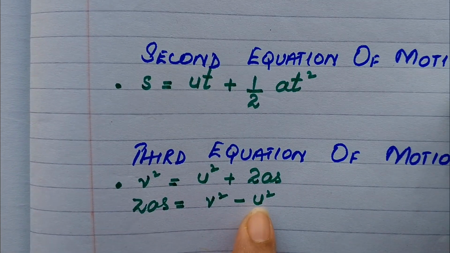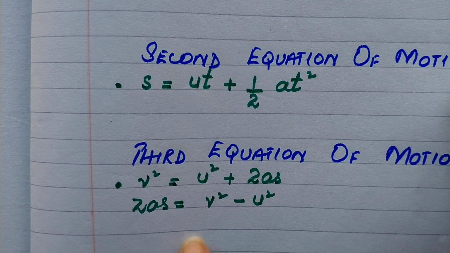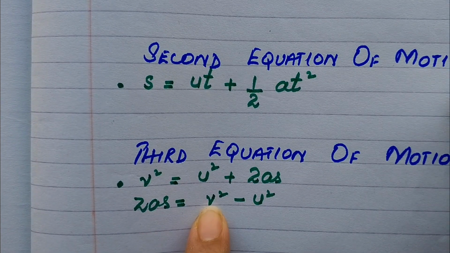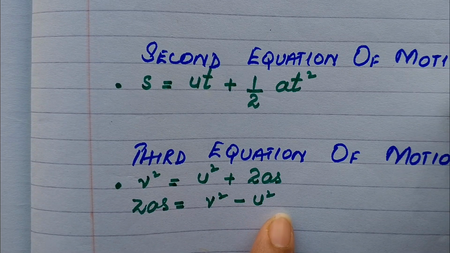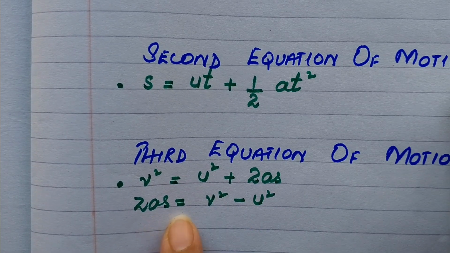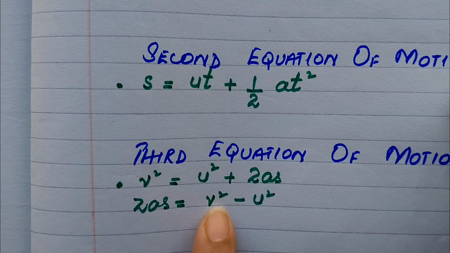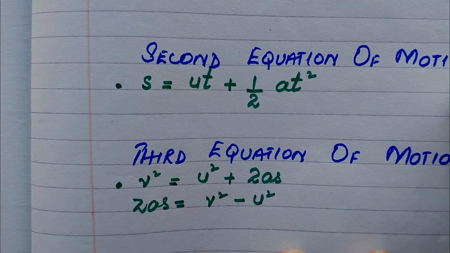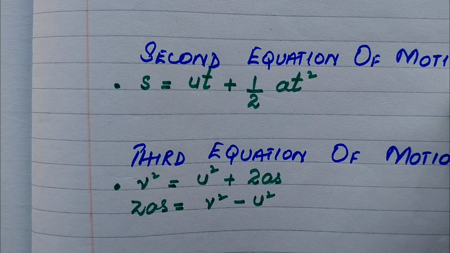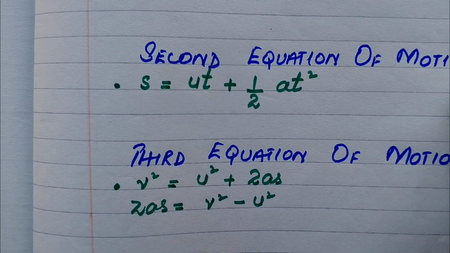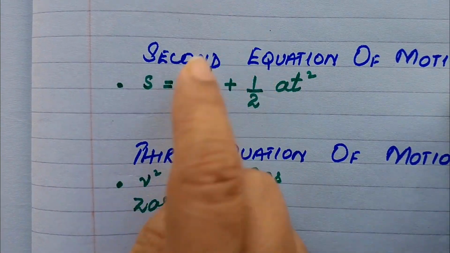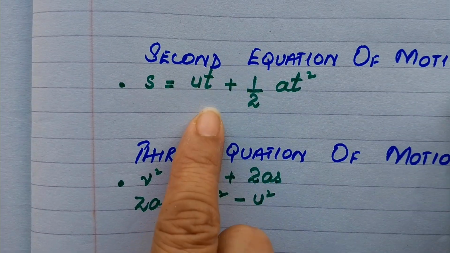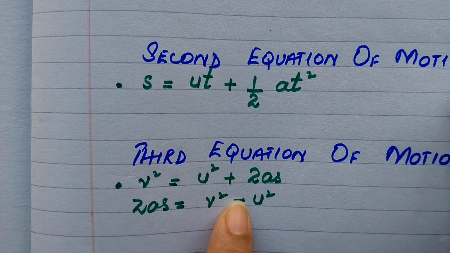In these equations of motion you can find the acceleration, distance, velocity, time of any object. These equations are used to describe the motion of an object experiencing uniform acceleration. So these are the equations of motion.